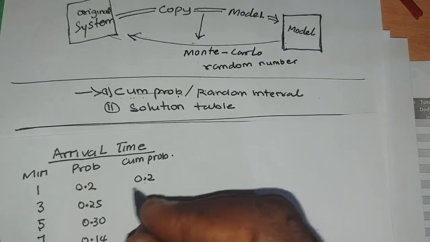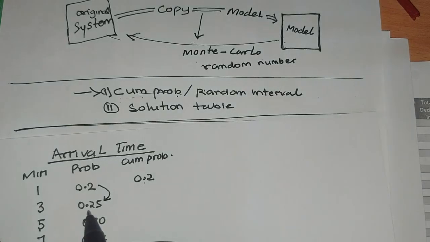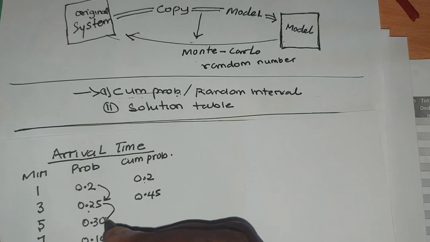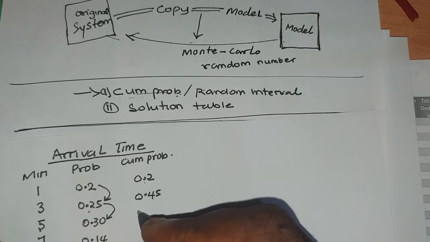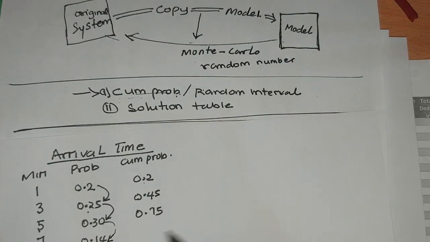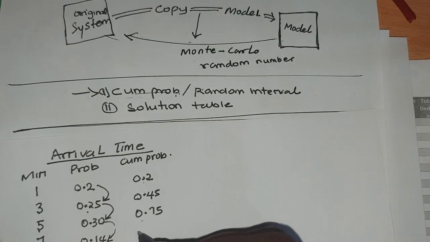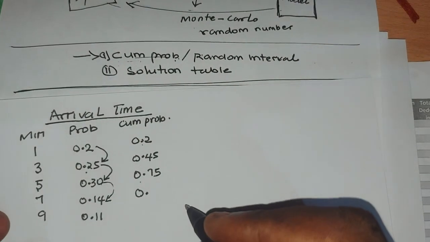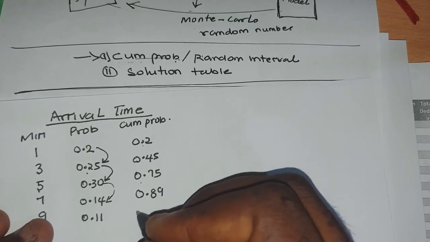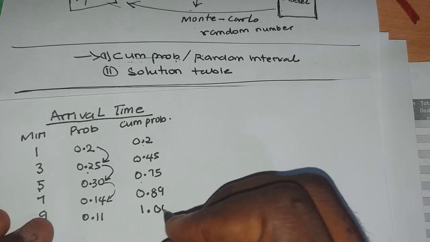When you add 0.25 to this, it will be 0.45. Add 0.30 to this, we have 0.75. If you add 0.14 to this, what do you have? 0.89, and this will give you 1.00.